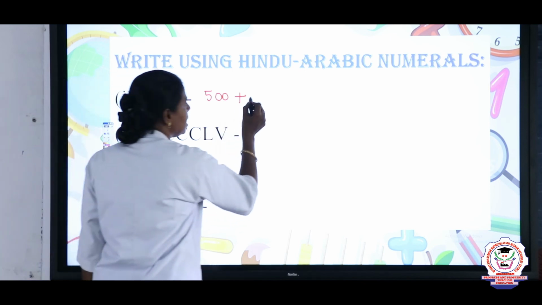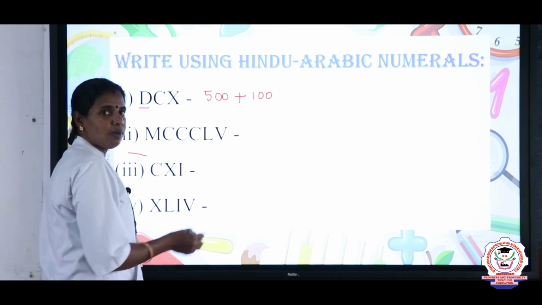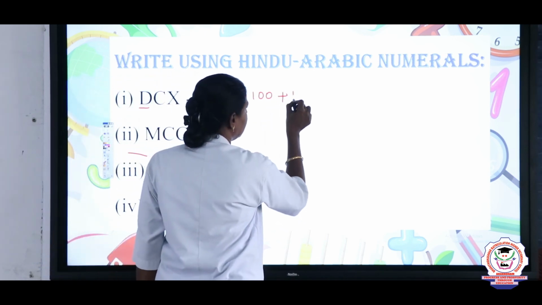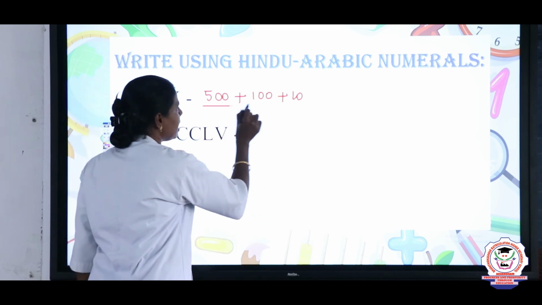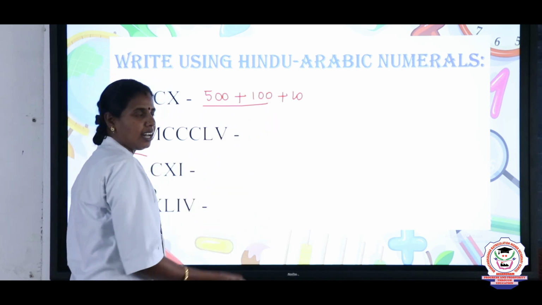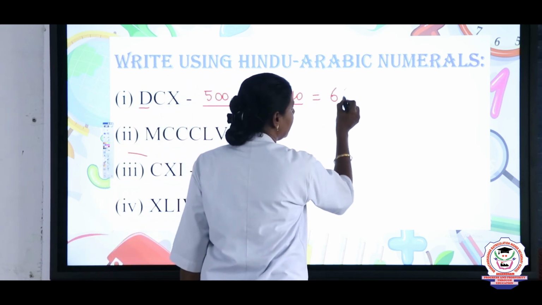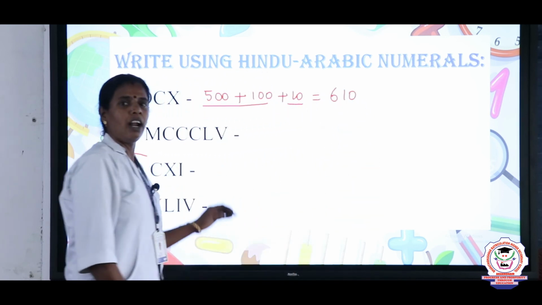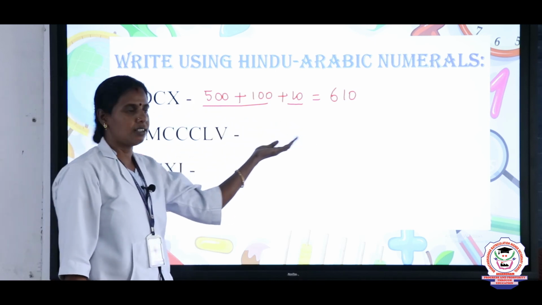The value of C is 100. And what is X? X value is 10. So 500 plus 100 is 600. Yes, 600 plus 10, 610. Is it clear how to write the Roman numerals to Indo-Arabic numerals, right?